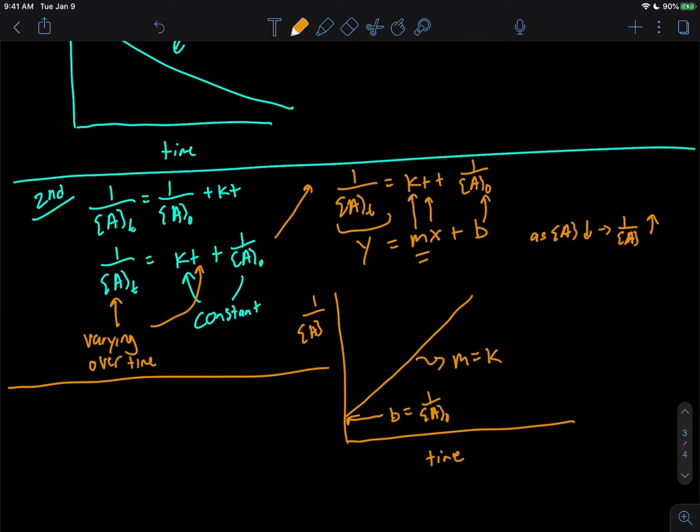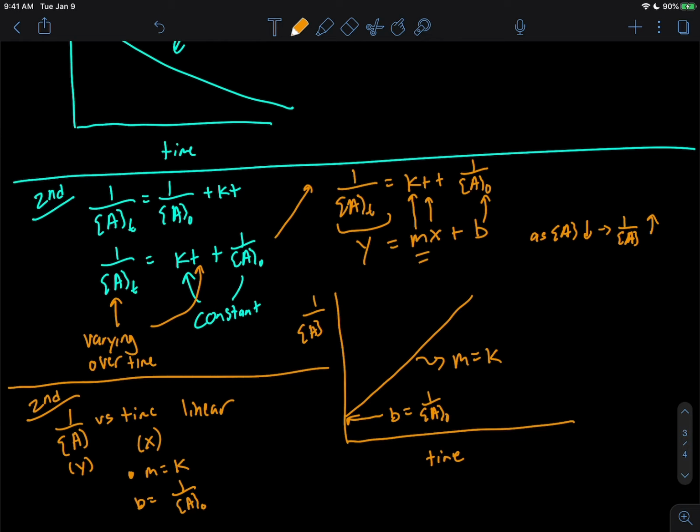To conclude with our second order reaction, a plot of inverse concentration versus time, y versus x, is going to be linear. And as that's linear, our slope is equal to our k value and our y-intercept is equal to the inverse of our original concentration.